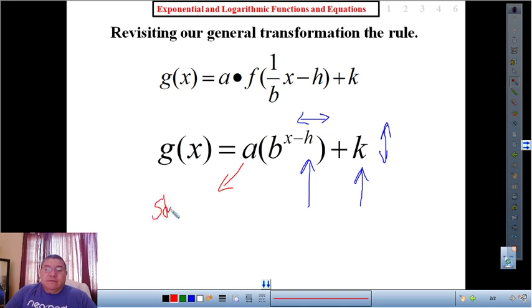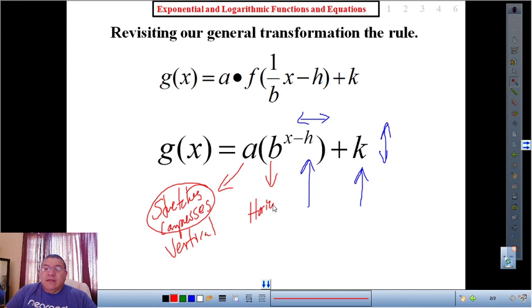It stretches or compresses, but in which direction? That is correct, in the vertical. So what does b do? That's right, the same thing, stretches or compresses, but which way? Horizontally. Good job. We haven't even seen the graph, but we already know what it's going to do, right? Bam, let's go.